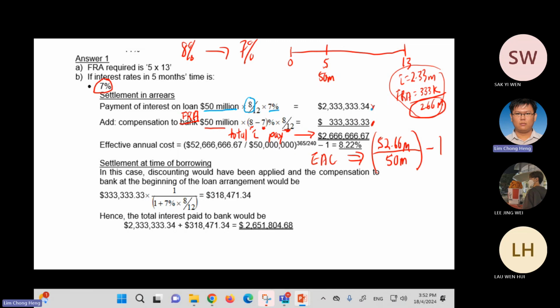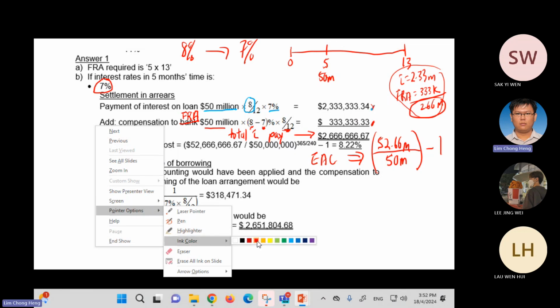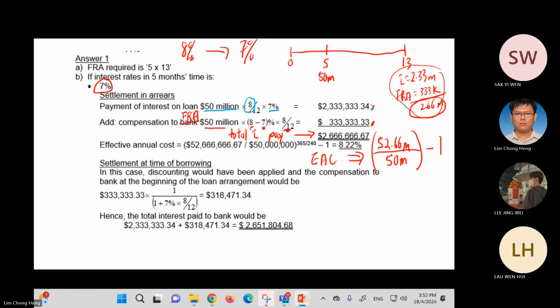Okay, minus 1. But the problem is you just use this loan for 8 months only. All the cost, all the return we measure per annum. So you need to convert, you need to analyze your answer. So what you need to do is, one year got 365.